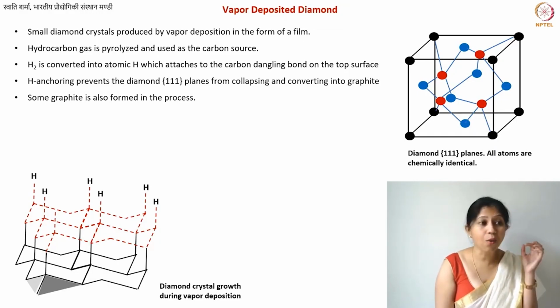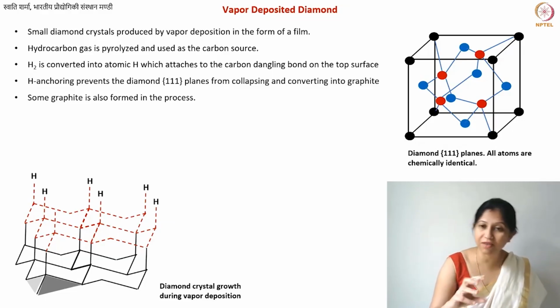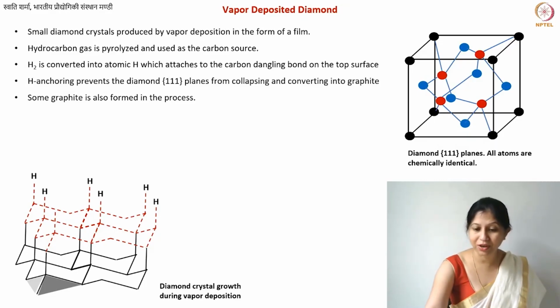Number one, how high is the fraction of sp3 type carbon compared to sp2, because sp2 type carbon is kind of your impurity when it comes to diamond films. Number two, how much hydrogen impurity do you have in your films? These are the 2 important things that determine the quality of your vapor deposited diamond. Diamond-like carbon is the carbon where you have a high fraction of sp2, and this is something we will talk about later.